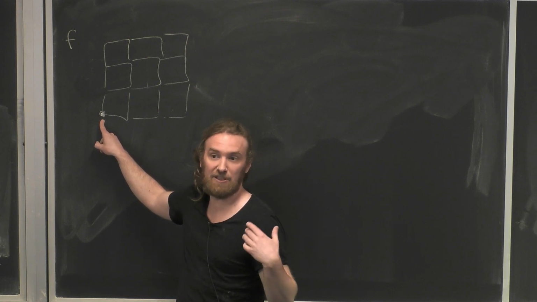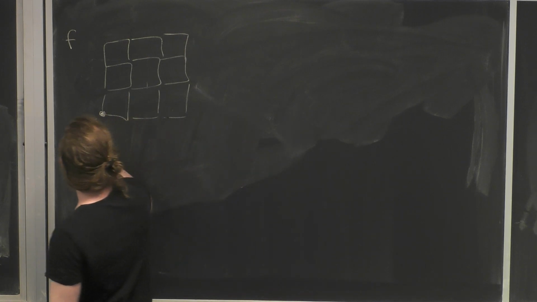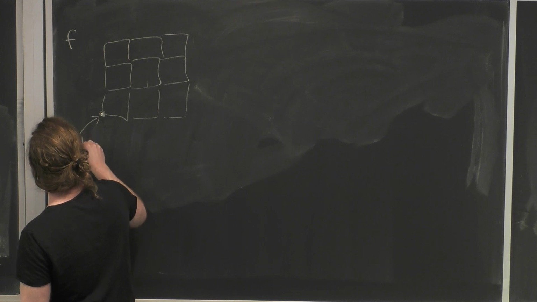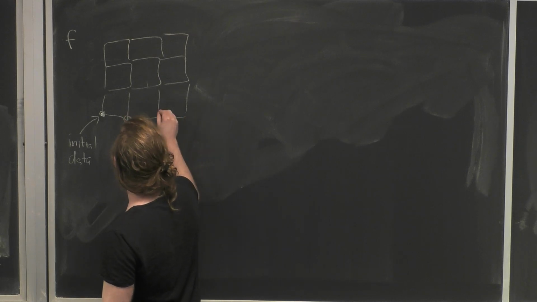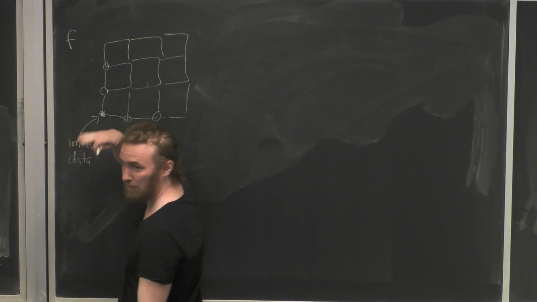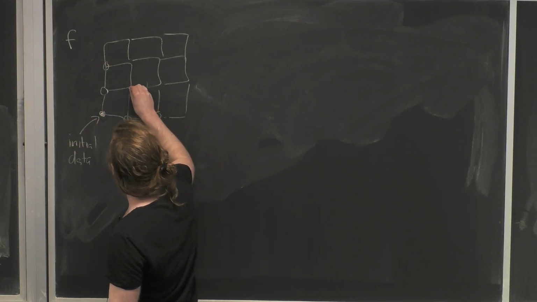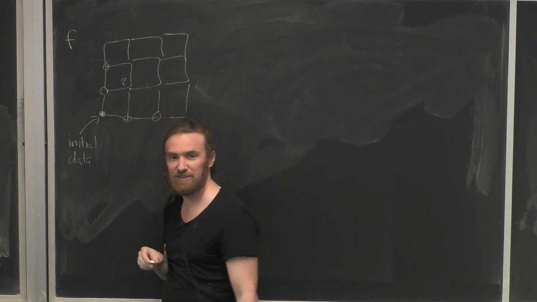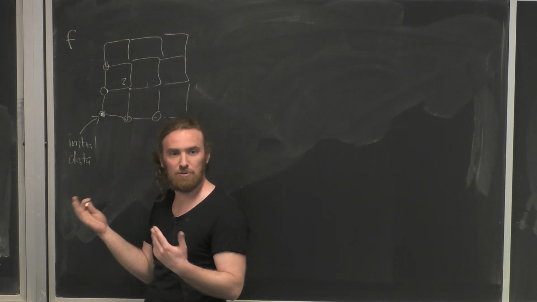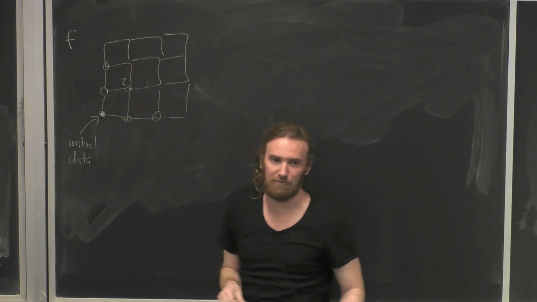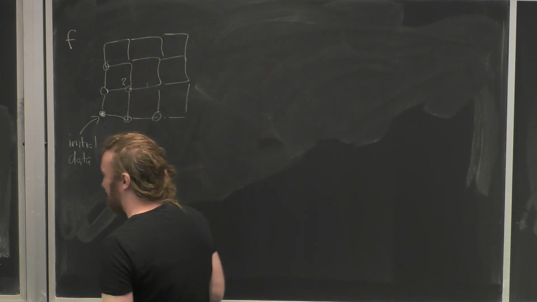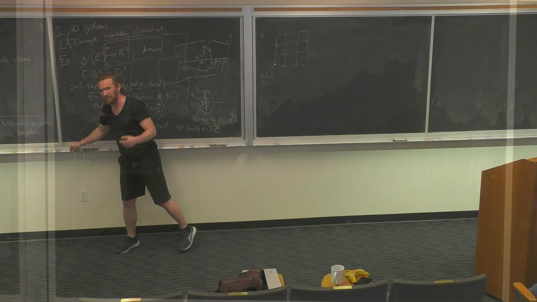This is the initial data. Then the next point is determined, and this one, and this one, and so on. In general, I have this consistency condition. If you choose G correctly, then it's fine, and then of course, you can do it everywhere.